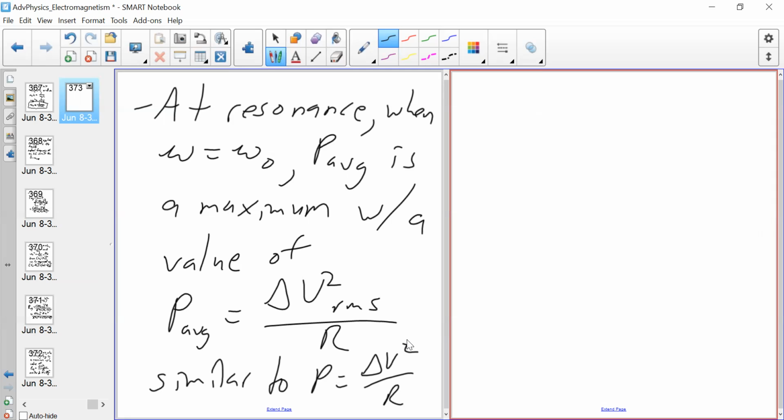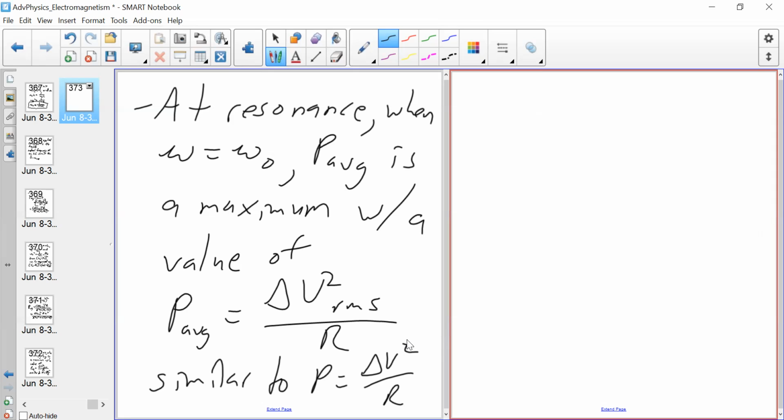So we can start graphing some of this current versus frequency and power versus frequency data. What we'll notice in these graphs is that the RMS is at a maximum. It starts to trend towards infinity.